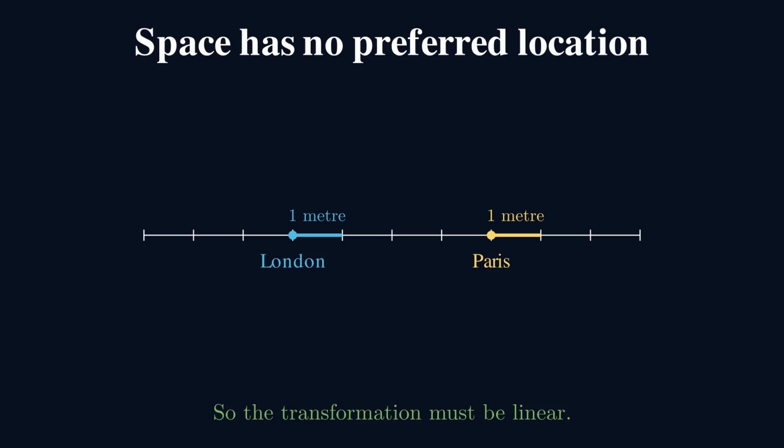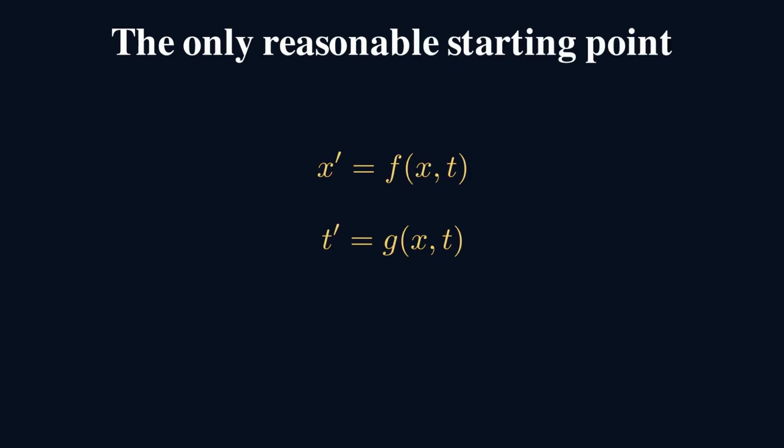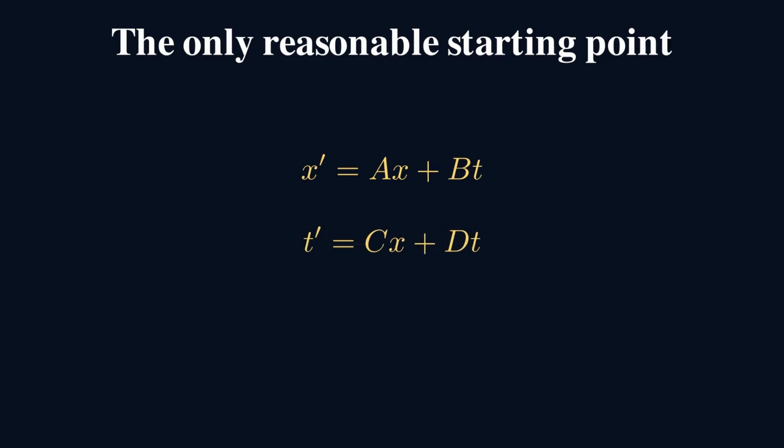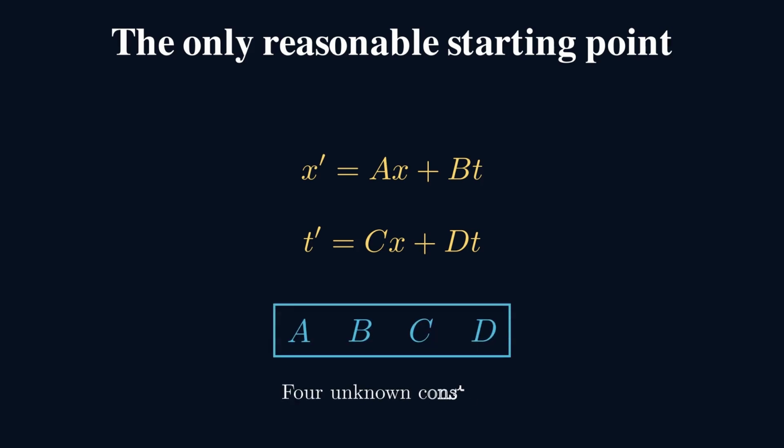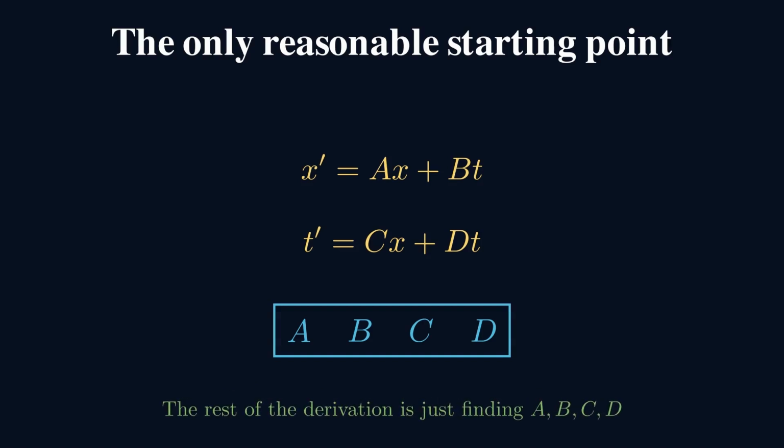So both x prime and t prime are linear functions of x and t. They take this form with some unknown coefficients a, b, c, and d. And so our task now becomes, how do we find these coefficients?